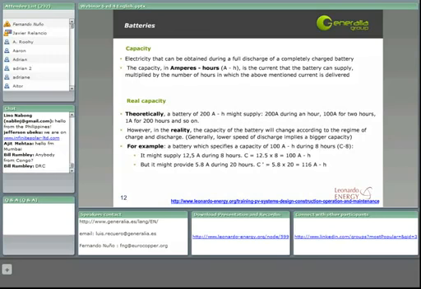For example, if a battery specifies a capacity of 100 ampere hours and we discharge it during 8 hours, then we can get what is specified, 100 ampere hours. But if we discharge it during 20 hours, it may produce, as you can see in this slide, 116 ampere hours.